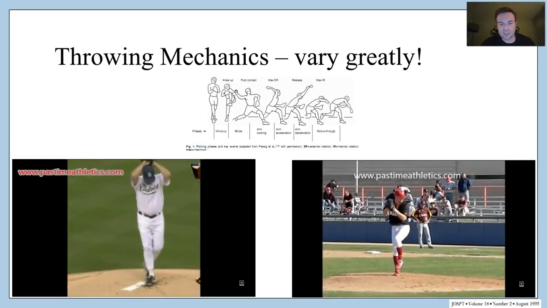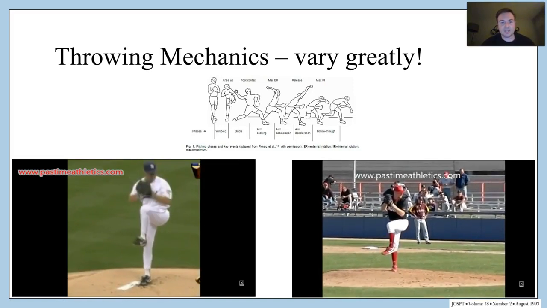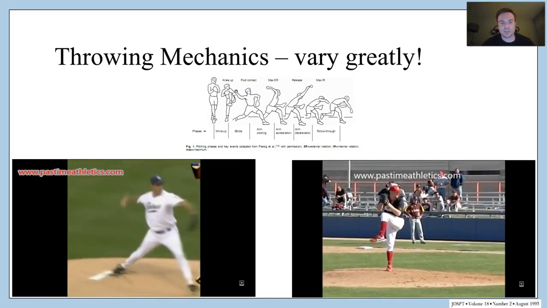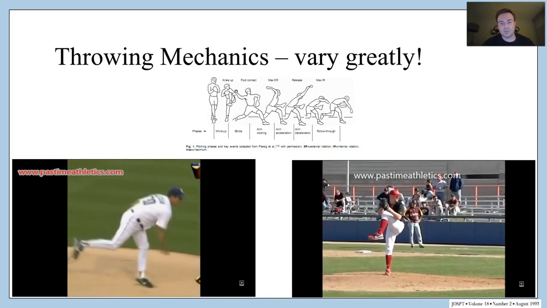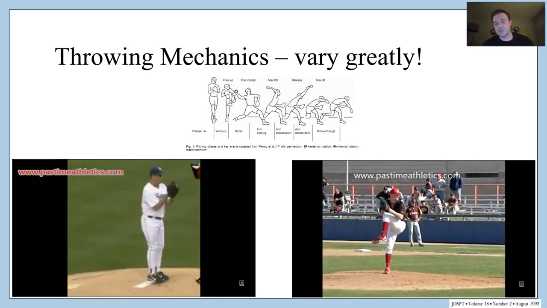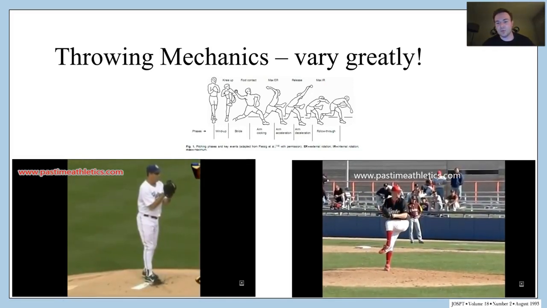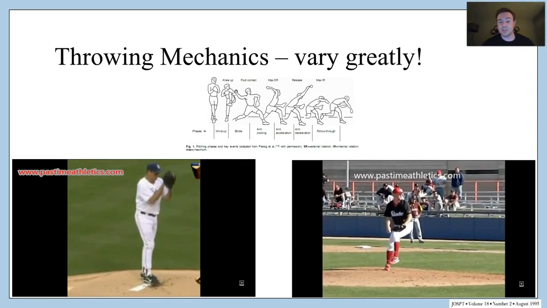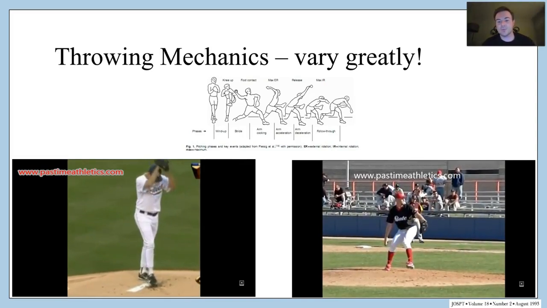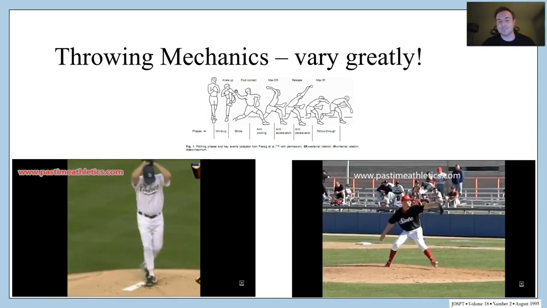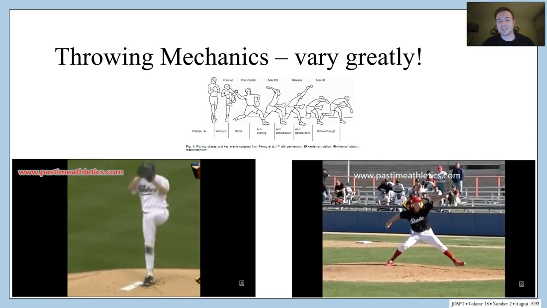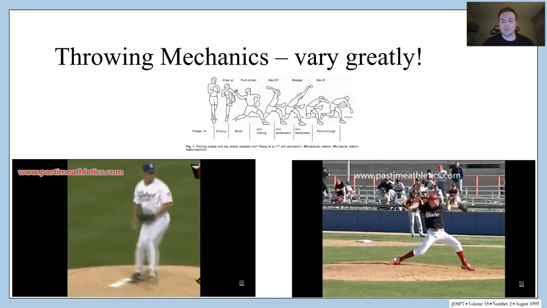The picture on the left has pretty ideal throwing mechanics, such as the table, the picture at the top. The video on the bottom right is an individual who's had 2 Tommy John surgeries. His mechanics are much more long, and he throws much faster than the individual on the left.